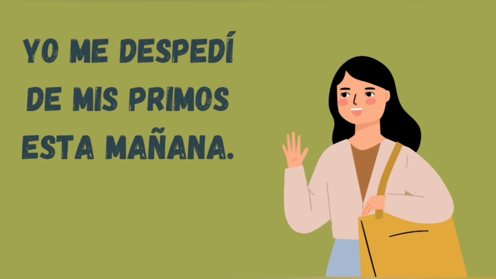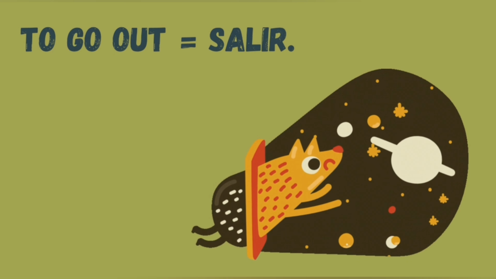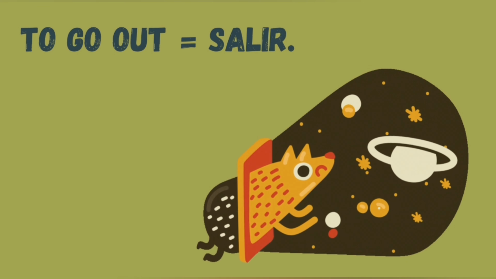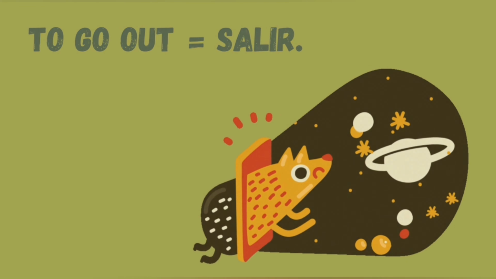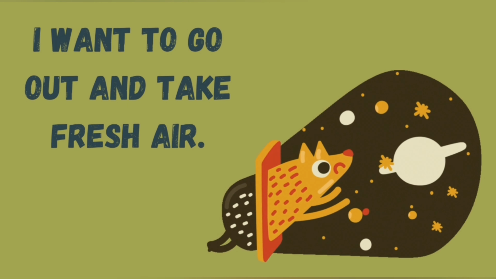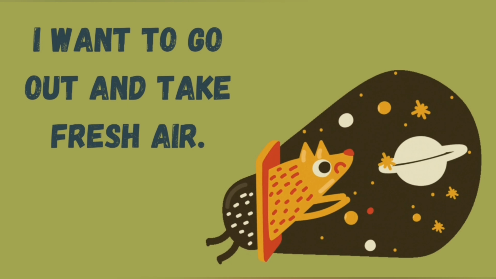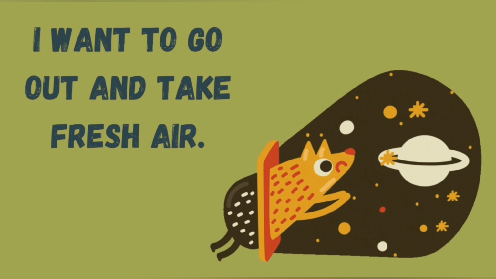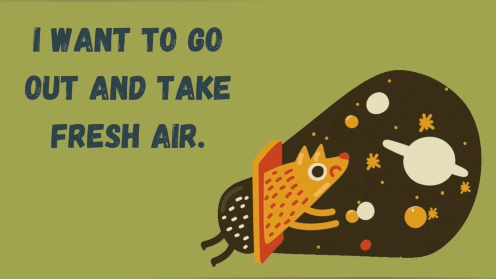Now we have to go out. Salir. To go out, salir. And we have this example. I want to go out and take fresh air. In Spanish, we're going to say this in this way.